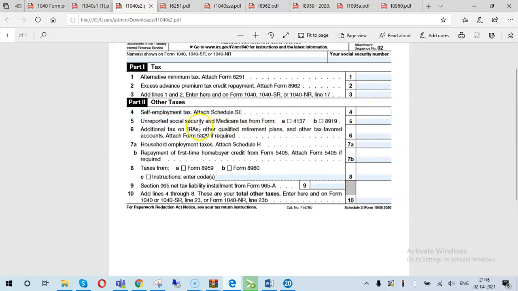Also unreported Social Security and Medicare tax, additional taxes on IRA. So if you pay any additional taxes on an IRA, an individual retirement account, then this should come to line number 6 of Schedule 2.